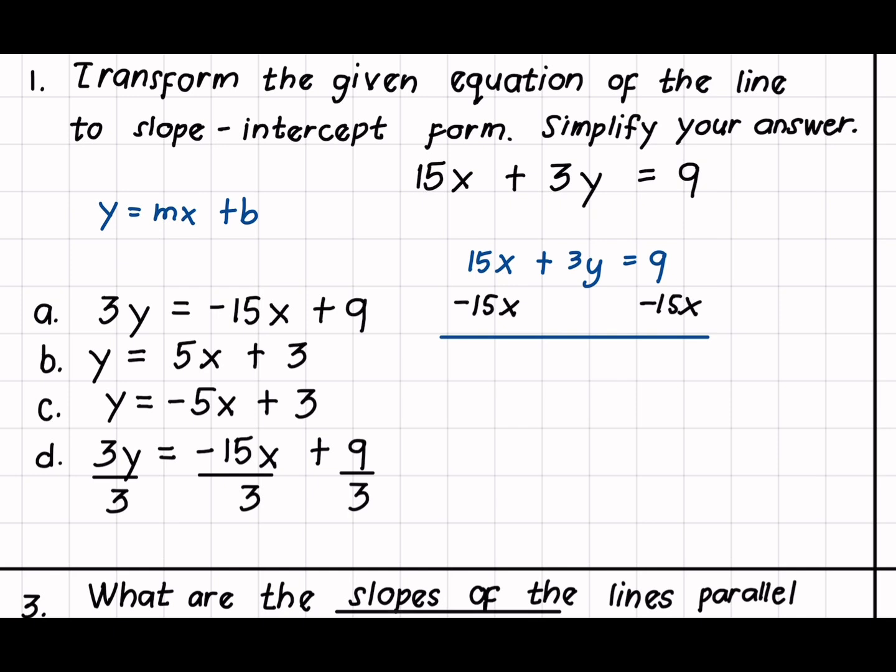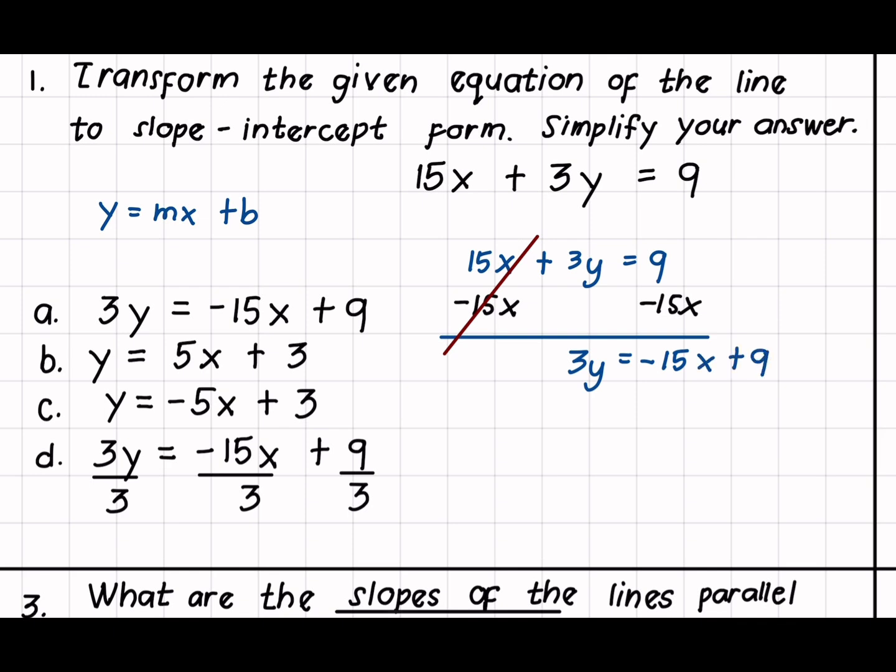So 15x minus 15x will be cancelled because it's 0. Bring down 3y is equal to negative 15x plus 9.